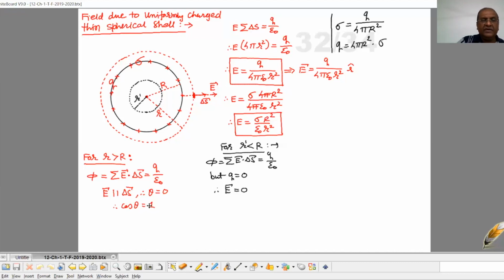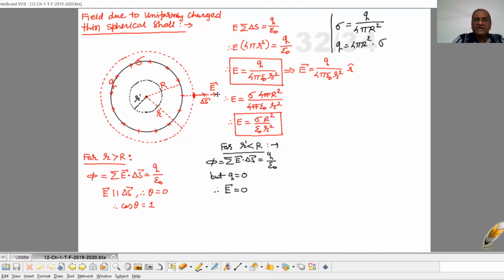Now, the flux passing through this particular spherical Gaussian surface, as per definition, we can write as the sum of E dot delta S. Delta S is an infinitesimal small element on the Gaussian surface, and the electric field at the position of this element is E, radially outward.